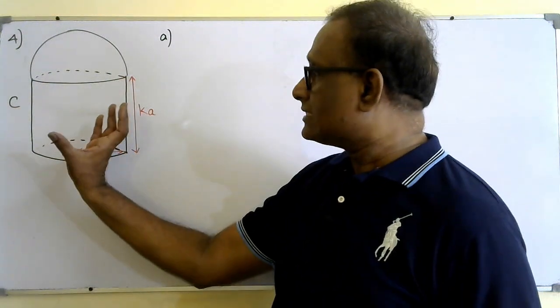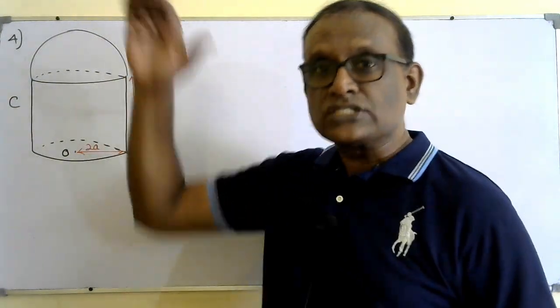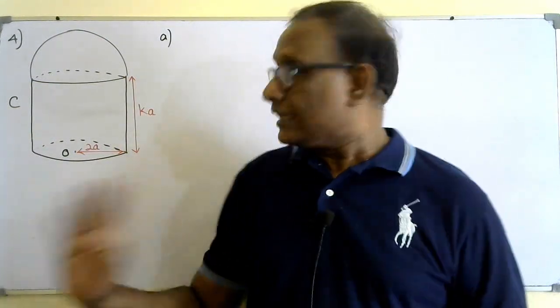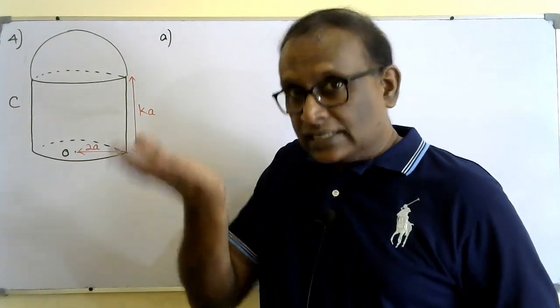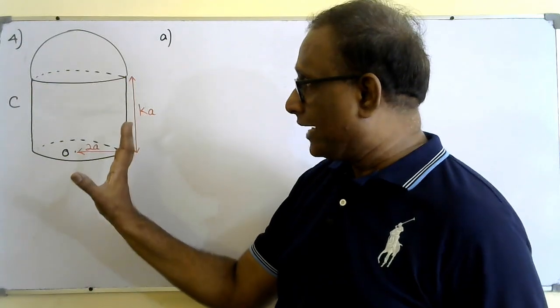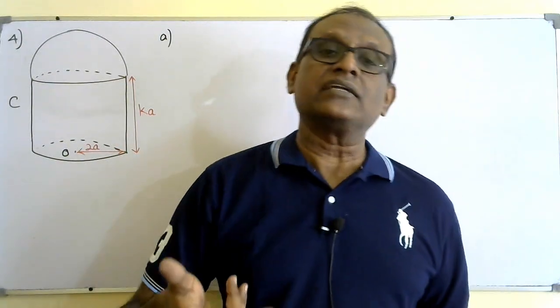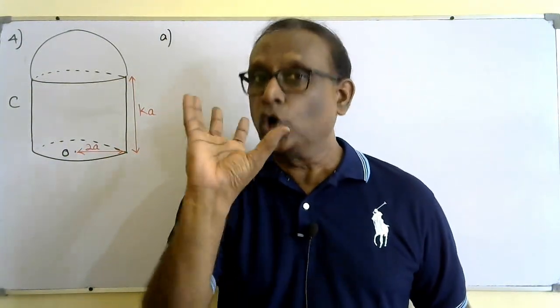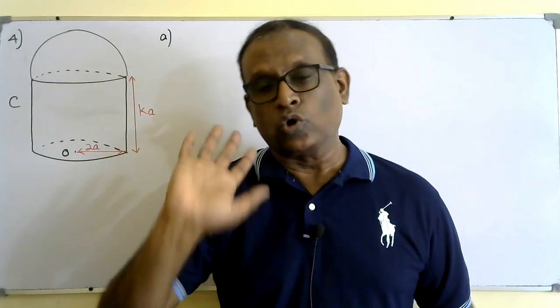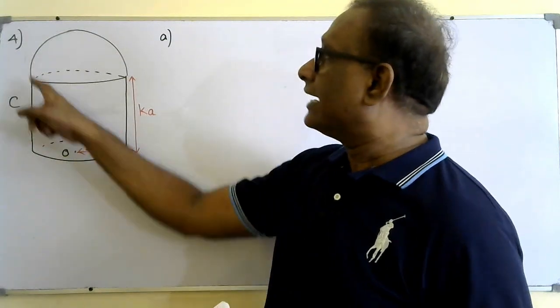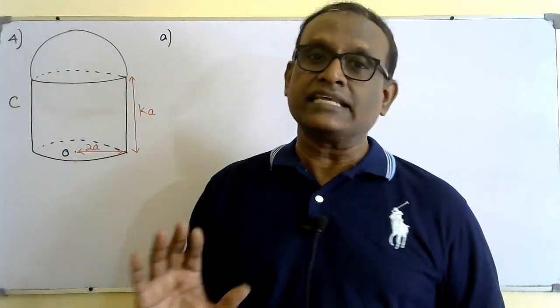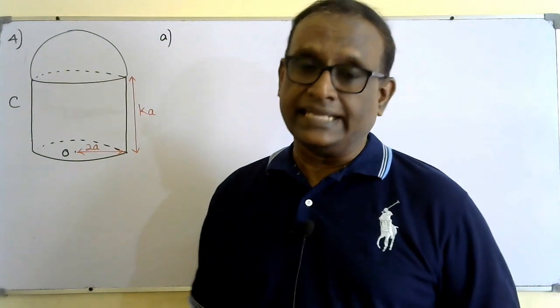I can imagine a hollow cylinder with both ends open, then a circular disc, that is the base of the cylinder, and then a hemispherical shell. So all these 3 form the container C, right?